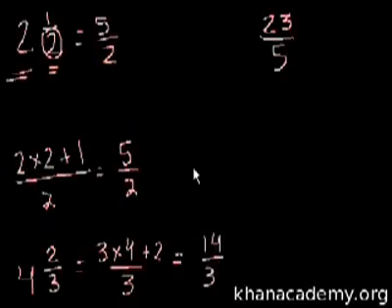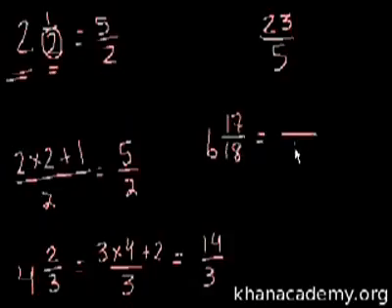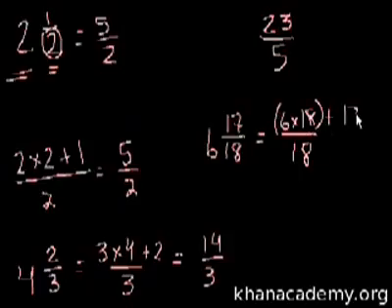Let's do another one. Let's say I had 6 17/18ths. I gave myself a hard problem. Well, we just keep the denominator the same. And the new numerator is going to be 18 times 6, or 6 times 18, plus 17.